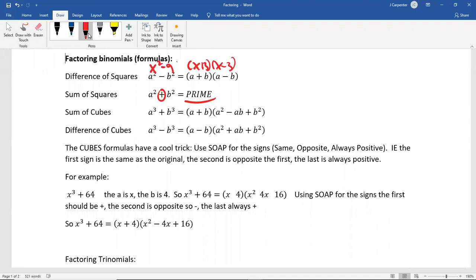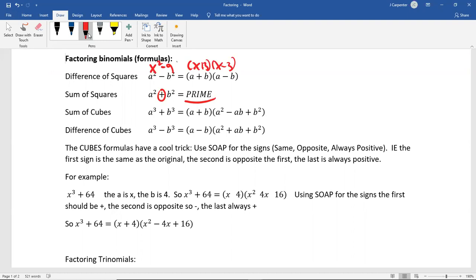In the real world, when things can be chaotic and disorderly, if you just have random numbers, usually they're not factorable. So this idea of being prime is actually pretty common when you deal with the real world. So if you're trying to solve by factoring, but it's prime, you can't solve by factoring, so you'll need alternative methods, which we'll get into. So sum of squares, for now, we say it's prime. By chapter 3, we'll learn a way to factor using imaginary numbers, but we won't really use it too much at this level.